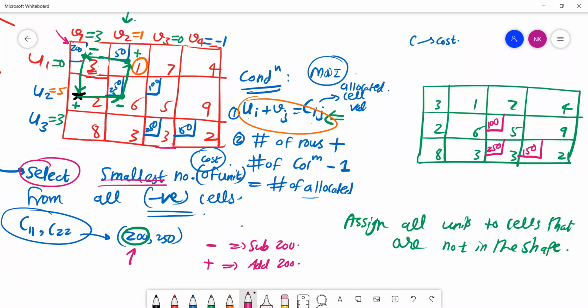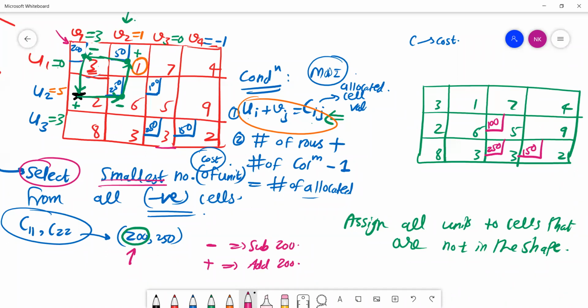Over here, corresponding to the first cell, 3, you are having 200 with the negative sign, so subtract 200 from this. So 200 minus 200 will be 0. So 0 units will be allocated in this particular place. I won't be writing 0 because 0 is no unit, so why should I write it?